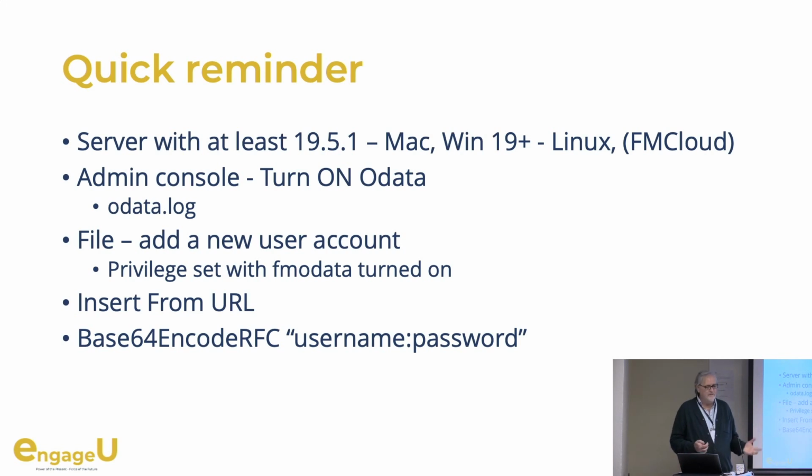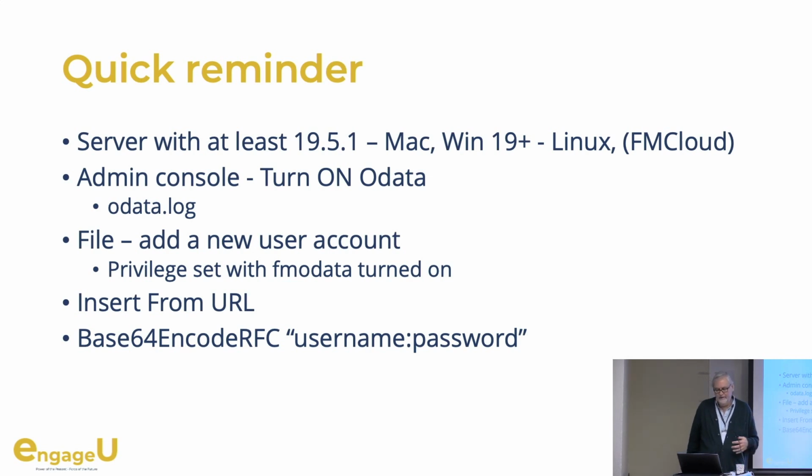You need to be on the latest versions. It works fully across Mac, Windows, Linux. It does also work on FileMaker Cloud. There's a caveat there around the authentication because you have to get involved with Cognito. I don't know anybody's done that in production yet because it's really hard work. In the admin console, there's a connector that you have to go and specifically turn on OData as a channel. And then you get access to a separate log of everything you've done in OData, the OData log.